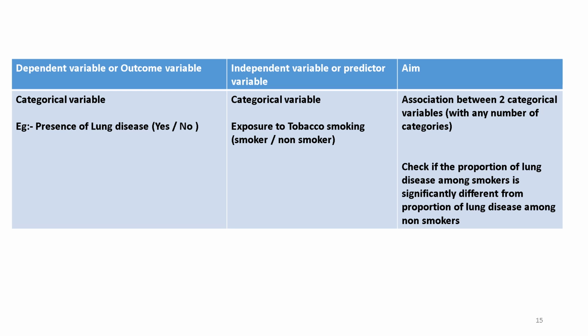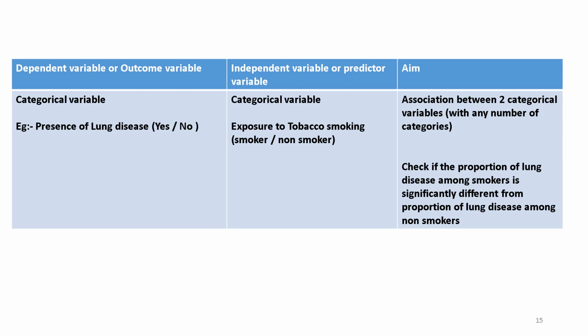So what we are going to do is study the association between two categorical variables with any number of categories. It can be more than two categories also. The association between two categorical variables can be studied using this test.